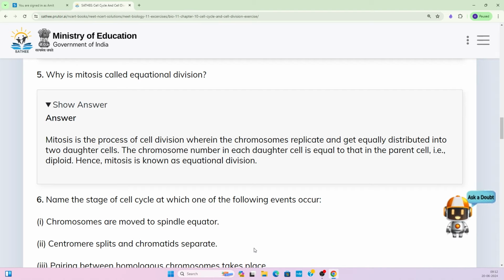The chromosome number in each daughter cell is equal to the parent cell, and that is diploid. Hence, mitosis is known as equational division. This is very, very important.